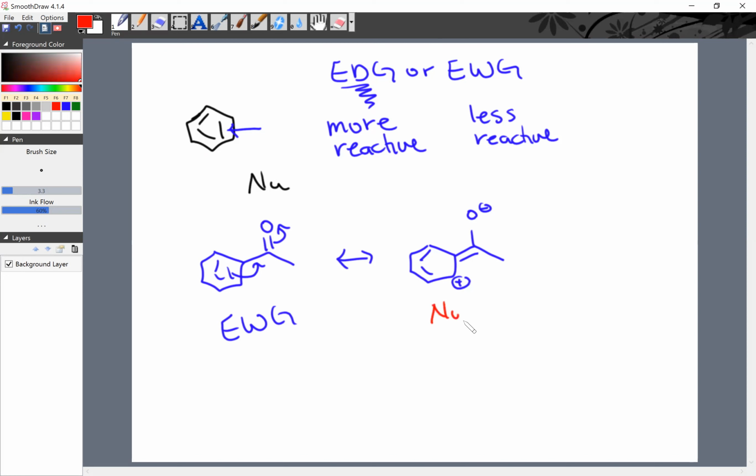The benzene is supposed to be the nucleophile, and what charge is on it? A positive. Okay, well, that's a terrible nucleophile. So an electron withdrawing group made it, we'll just say, a worse nucleophile. So it's less reactive. Well, let's put a donator on it.